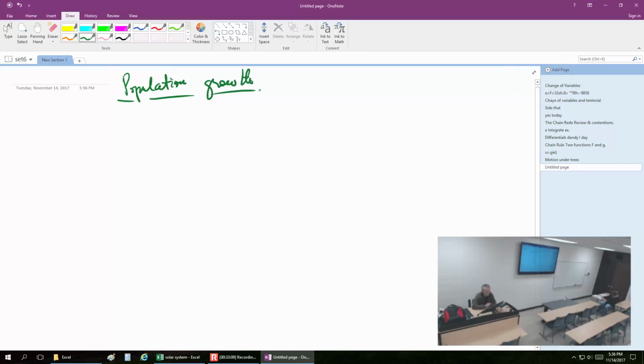Okay, so population growth or decline, and since this is mathematics, population doesn't have to be really population.